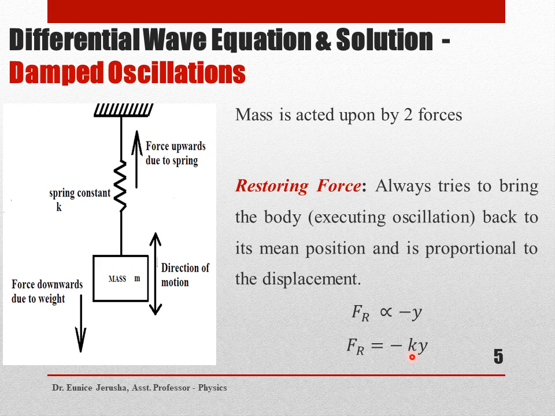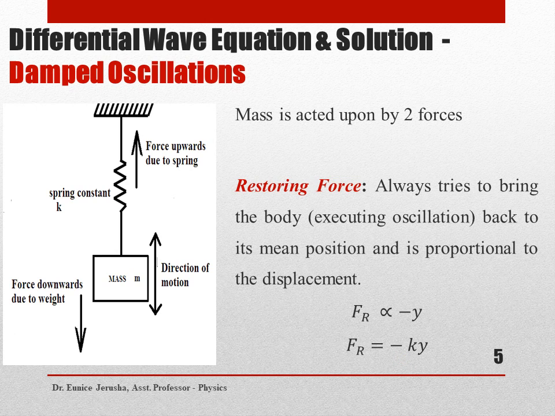Small k has a name, it is called the spring constant. Therefore, Fr is equal to minus ky. The negative sign is present, indicating that the restoring force is acting in the opposite direction to the downward motion of the mass.